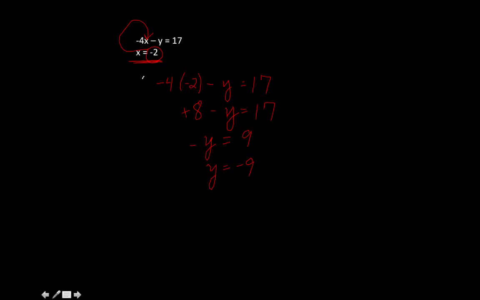These are two lines, right? One of them is like this, and one of them is like that. So the solution is this point right here, so we need to find out both x and y. But x in this case is easy because they've already given it to us. So the answer is minus 2, minus 9.